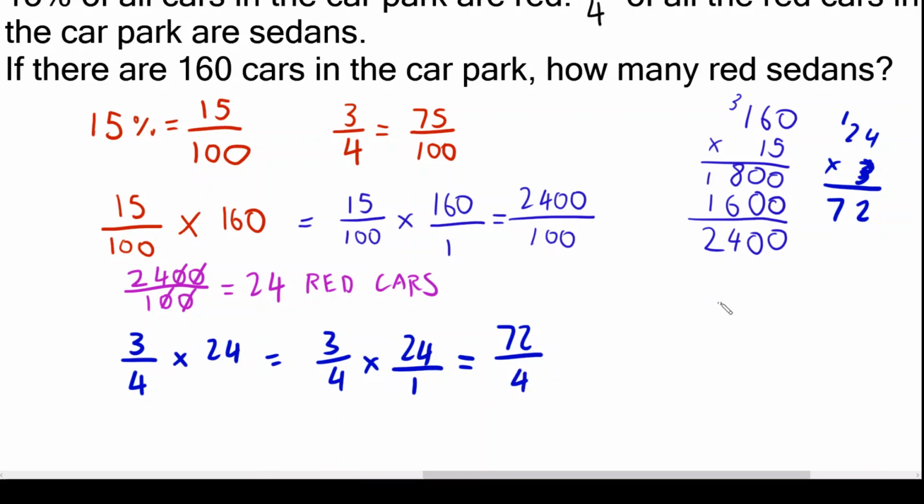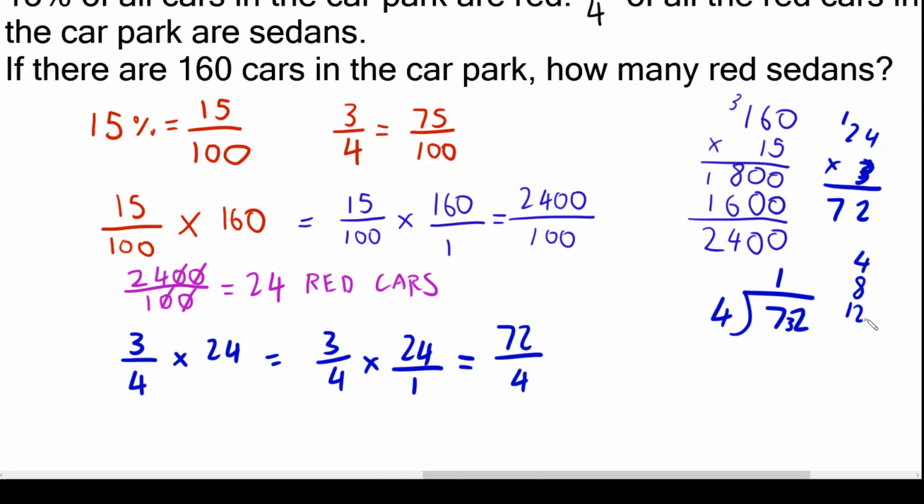Now we have to do this division, 72 divided by 4. How many times does 4 go into 72? So how many times does 4 go into 7? It goes once. And what's the remainder there? It's going to be 3. How many times does 4 go into 32? Let's have a look at that.